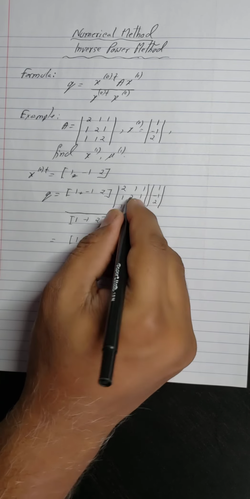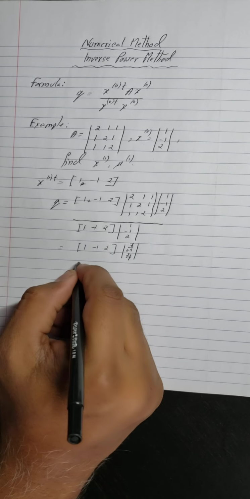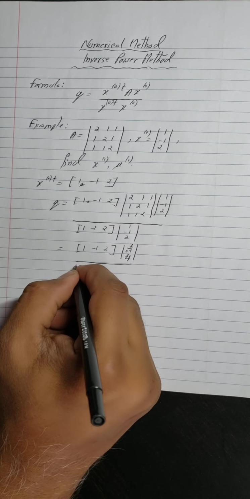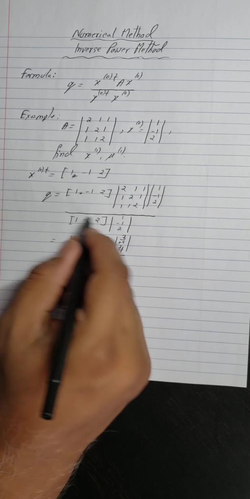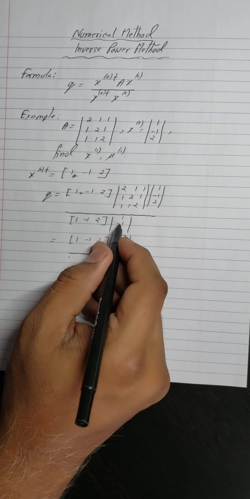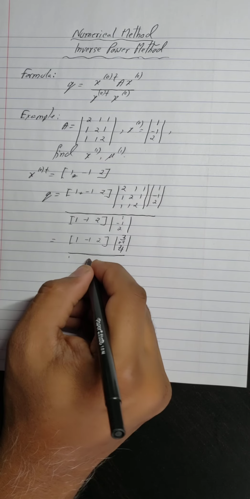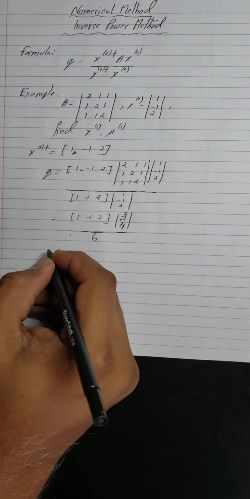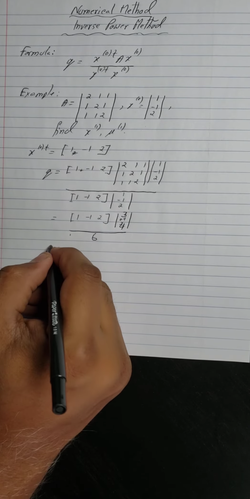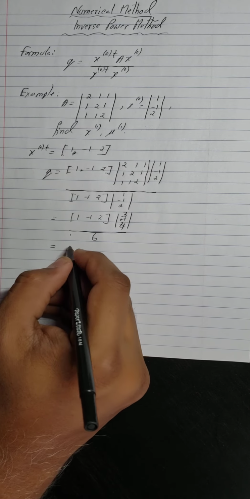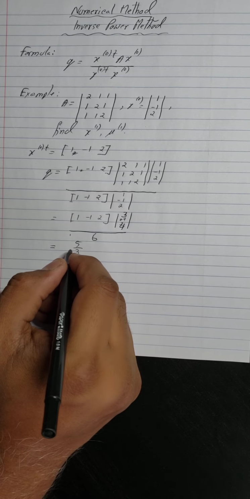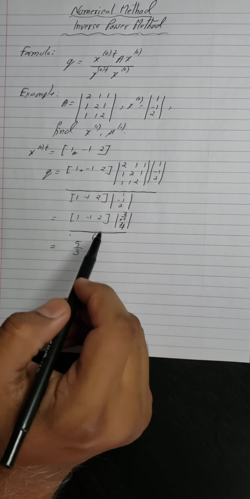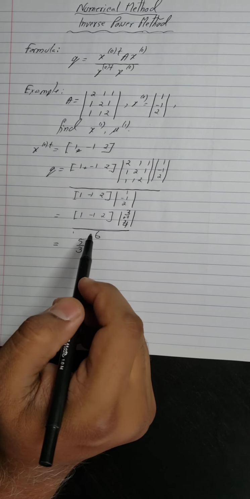Then if you multiply these two, 1 times 3, minus 1 times 1, 2 times 4, that will give you 10, and the denominator gives 6. Now if you simplify more, you will get 5 by 3. That is the value of Q using this formula.